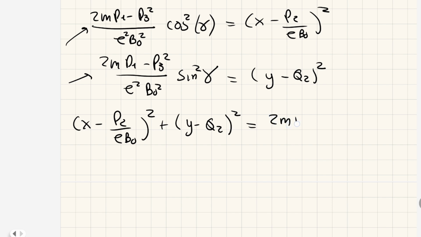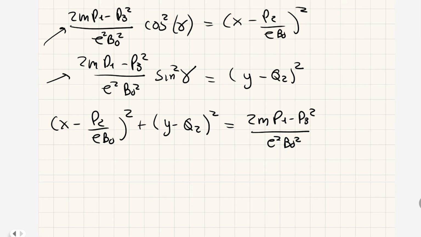So it will be (2mp1 minus p3) squared divided by e squared v0 squared, and then cosine squared gamma plus sine squared gamma, which is of course equal to 1, right? So we can just take it out.